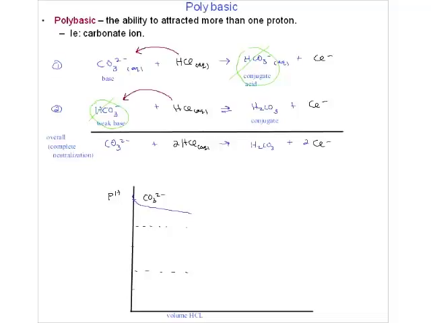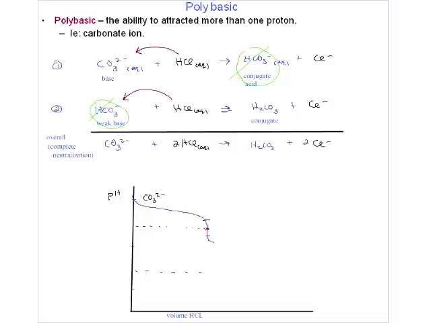When all the CO3 2- has been neutralized by the hydrochloric acid, what we see is the pH would plummet. We see our equivalence point, the midpoint of the vertical region. That's when the first hydrogen has been added. Now what happens here is the pH is kept high because this guy has basic properties.